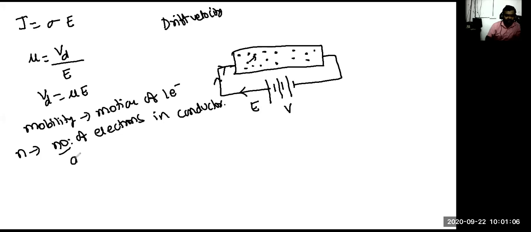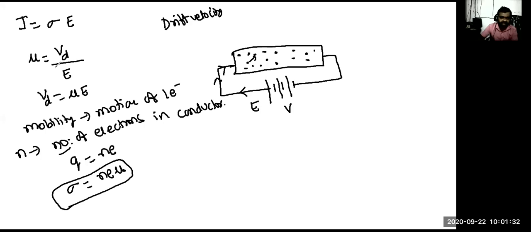Then the total charge I can write as Ne. So for one electron, the conductivity is mu, the mobility. For n number of electrons, the conductivity I can write as Ne mu.